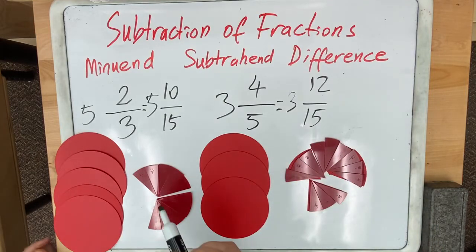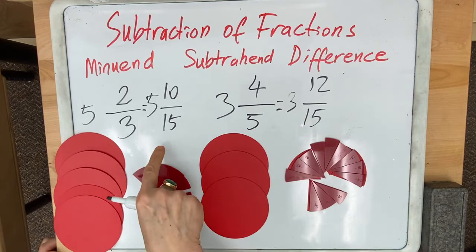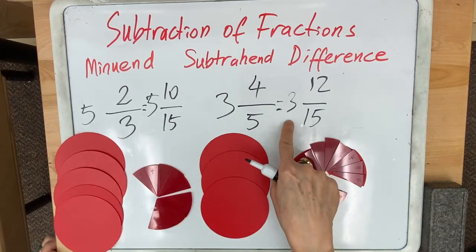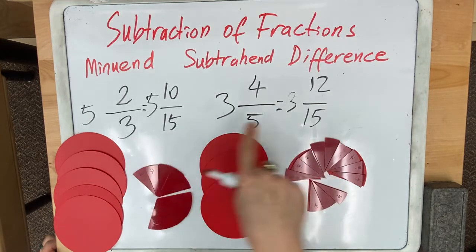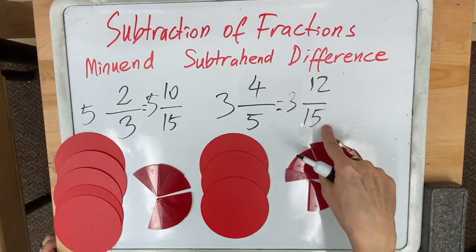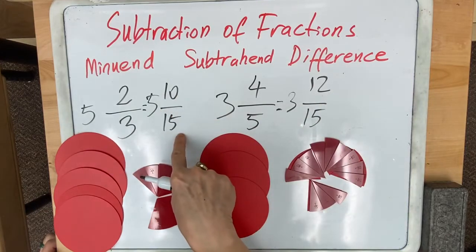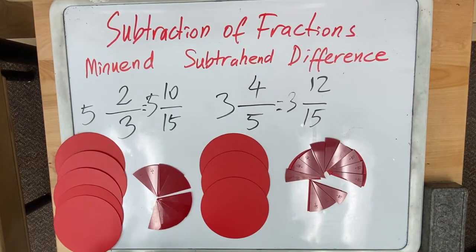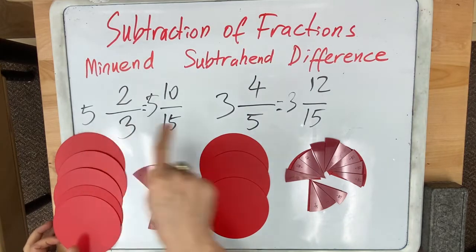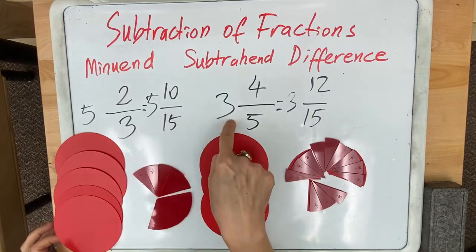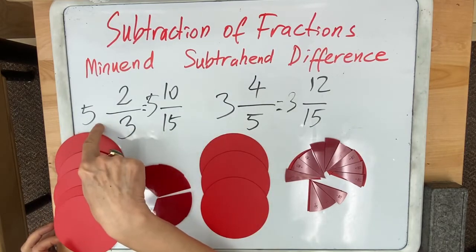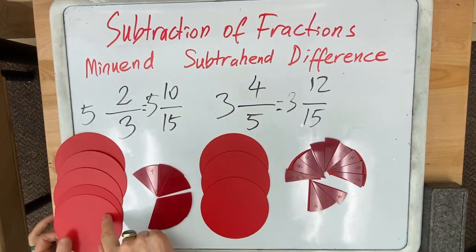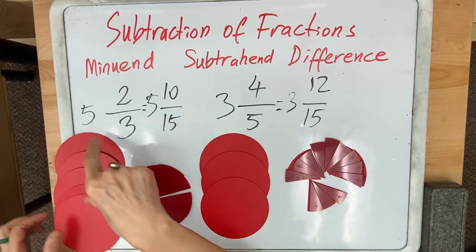Okay, now I am going to take away 3 and 12/15 from 5 and 10/15. I can easily take away the whole numbers. However, if I take 3 out of 5, then I wouldn't be able to exchange 1.